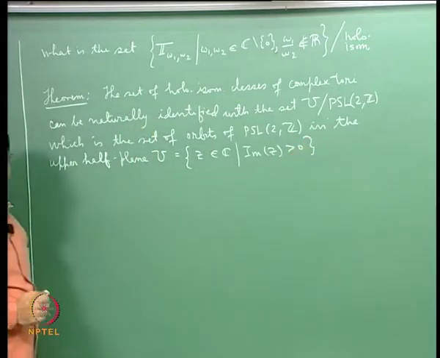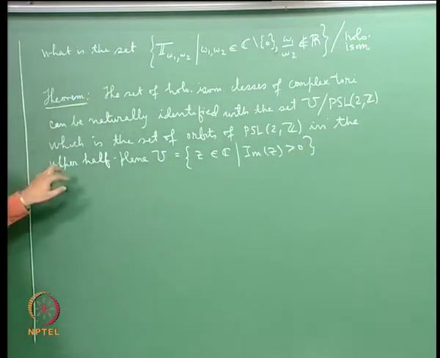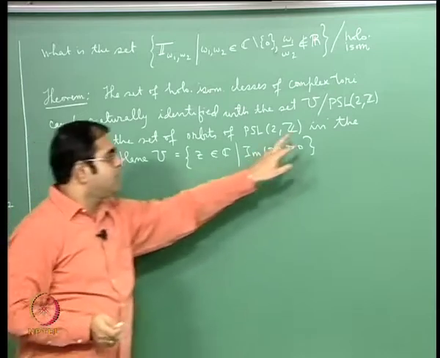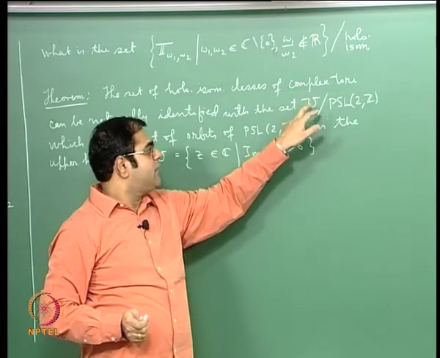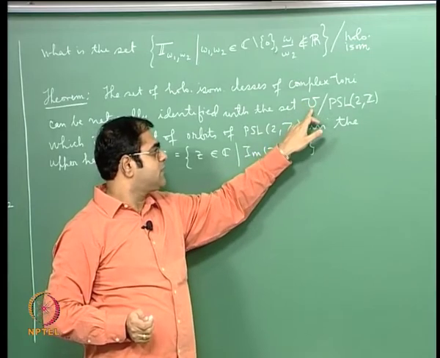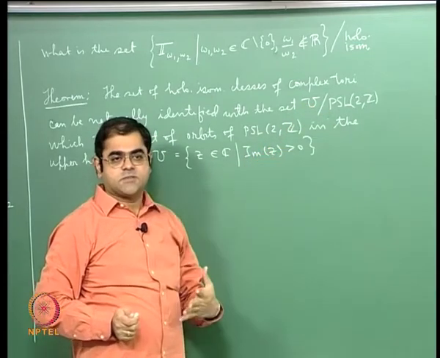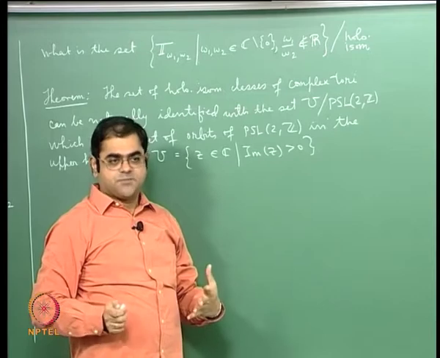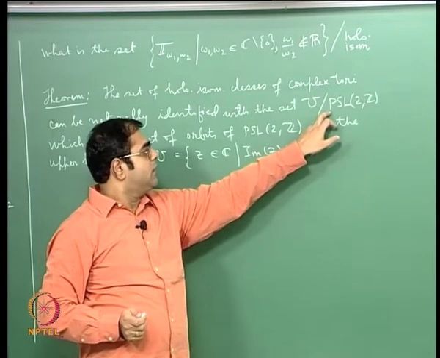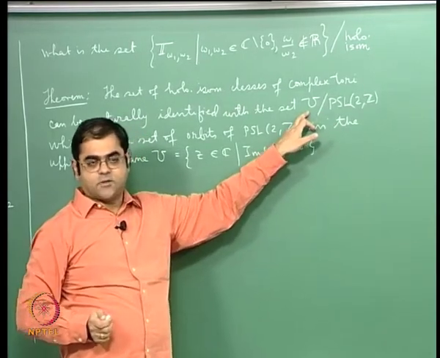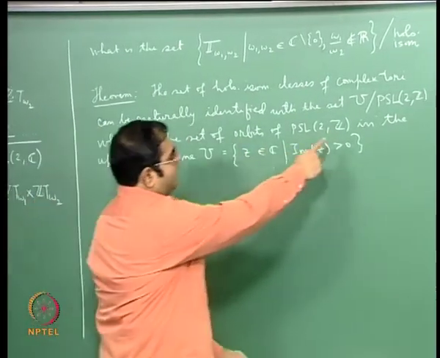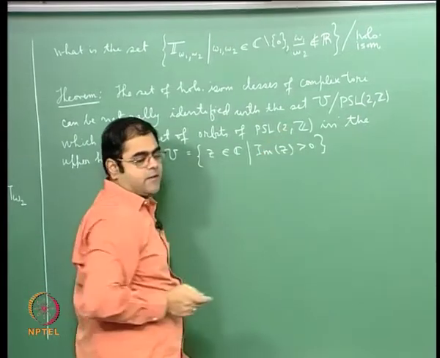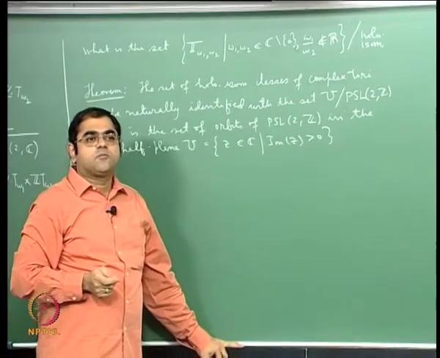So that set is naturally identifiable with U mod PSL2Z, and when you have a set modulo a group, what one means is of course the orbits of the group on that set, for the group action on that set.